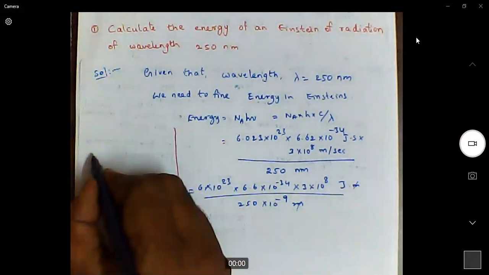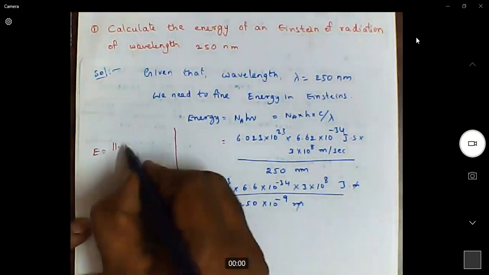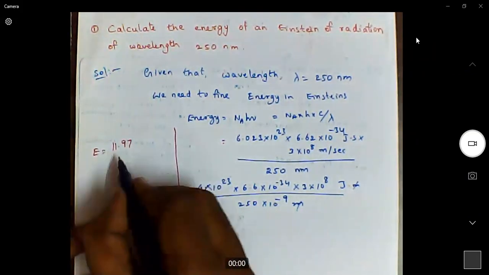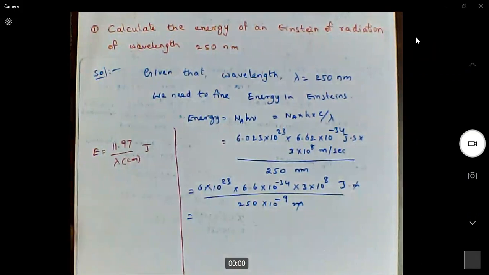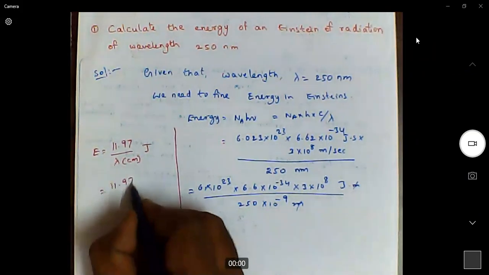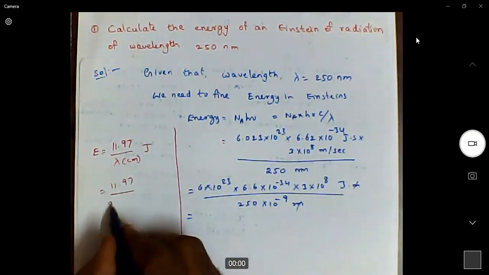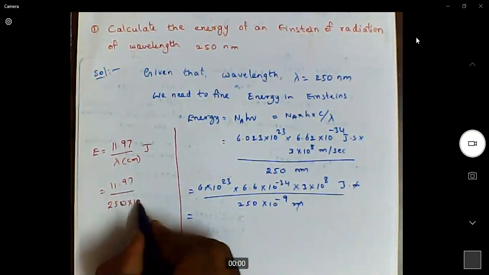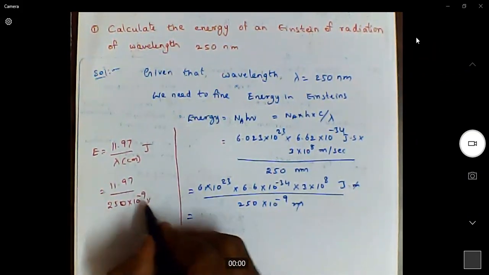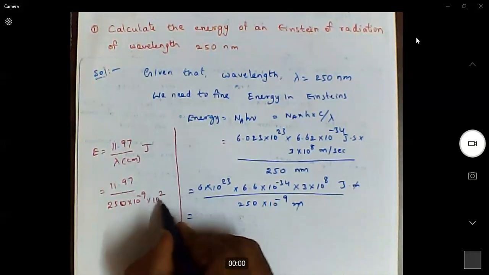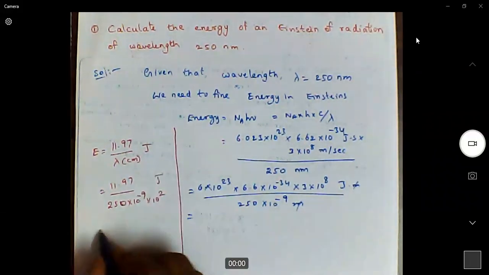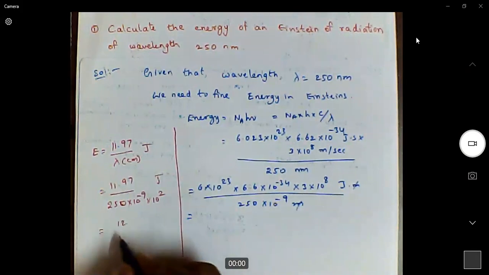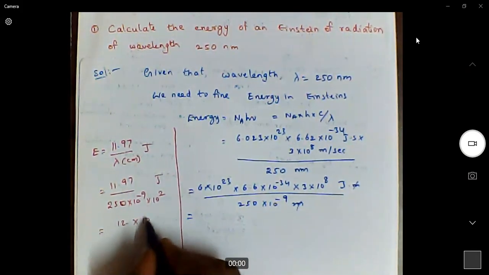What is the shortcut? Energy is equal to 11.97 by lambda in centimeters. So this is in joules, right? 11.97 by lambda. Lambda means 250 into 10 power minus 9 meters. We need to convert into centimeters. Every meter will have 100 centimeters. So this is the shortcut. 11.97, you can make it 12, into 10 power minus 7.